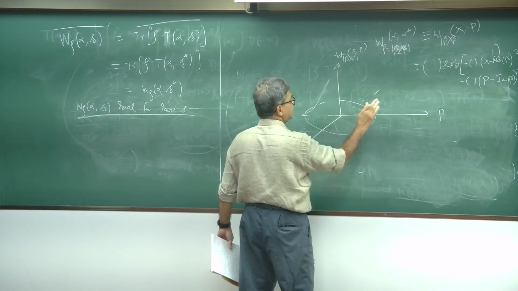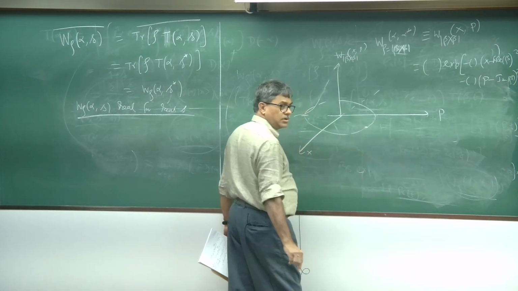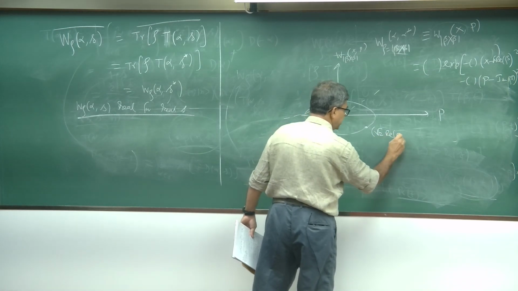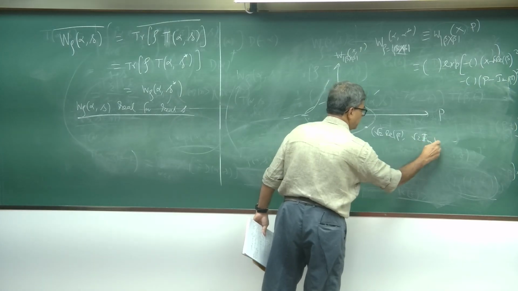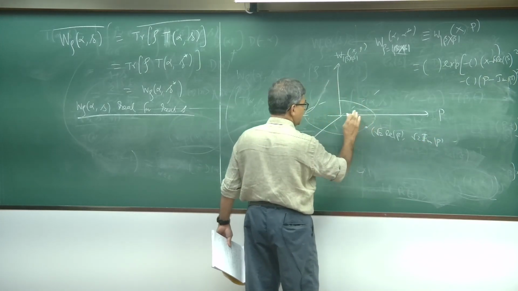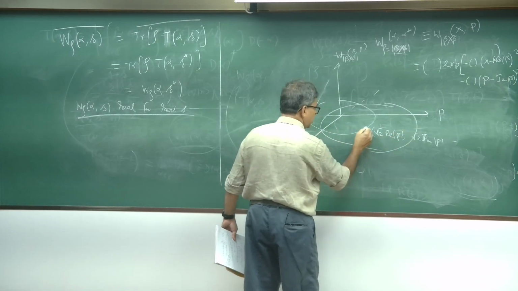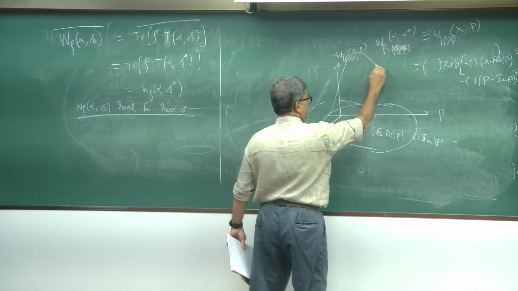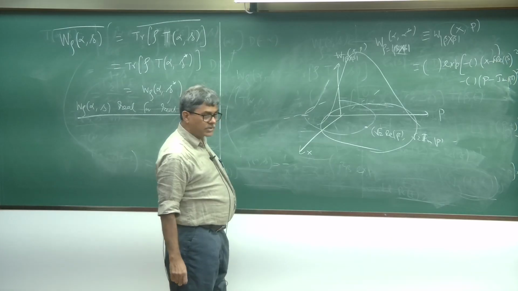It is a displaced one, so I should write here the square root of real part of beta and square root of imaginary part of beta. So you will have a circle or ellipse with its center at this point, and it is a kind of Gaussian on this.